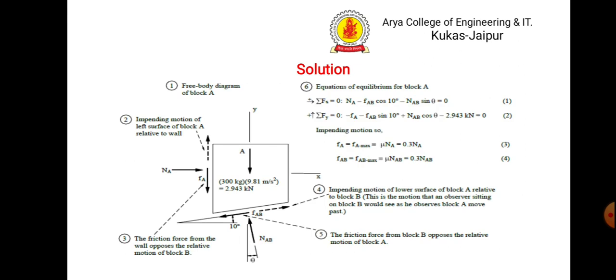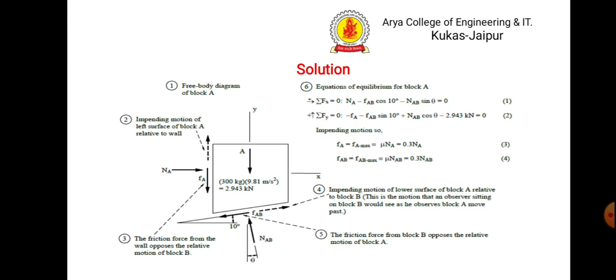For this, first of all we will draw the free body diagram of A. Na is the horizontal reaction from the wall side, NAB is the reaction of the inclined plane, which is inclined at an angle of 10 degrees. The motion of block A will be in the upward direction, so the friction force Fa will act in the downward direction.